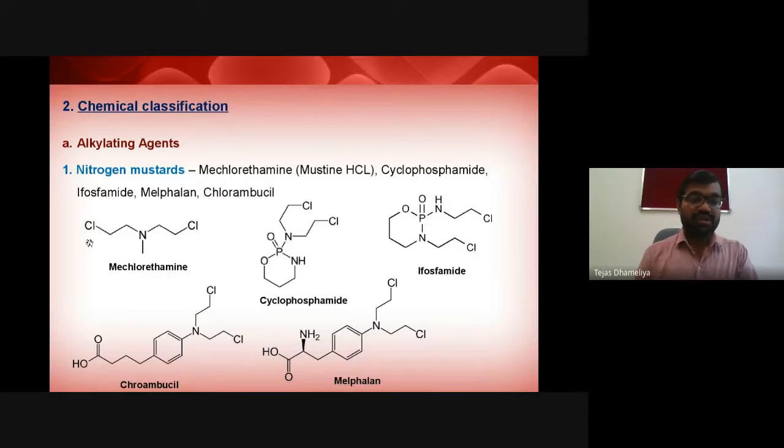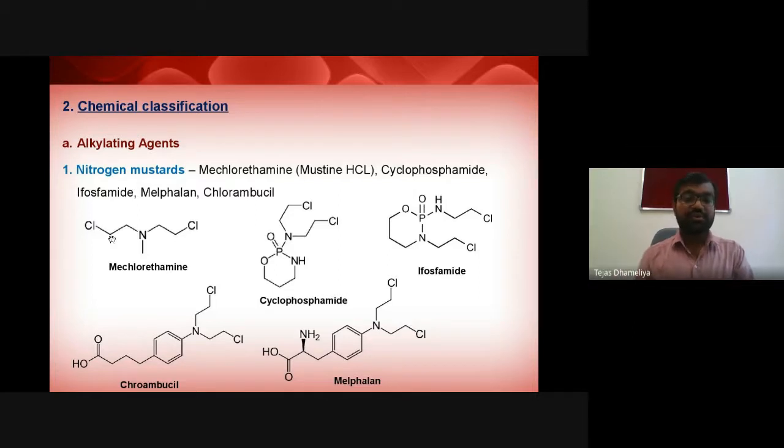The nitrogenous bases such as adenine, guanine, cytosine, and uracil, or majorly thymine. Uracil is not present in DNA. So these four nitrogenous bases possess so many nitrogens, and any one of these nitrogens can attack the CH2 carbon and undergo an alkylation.